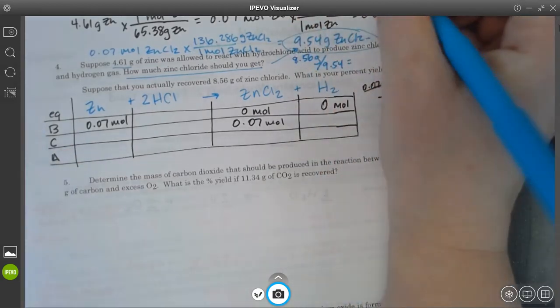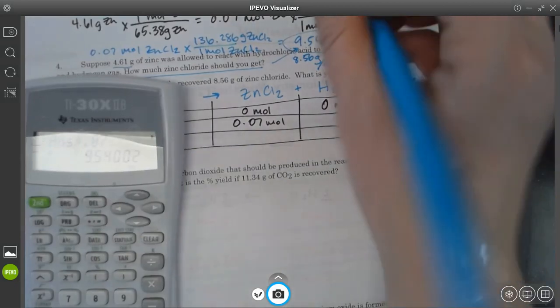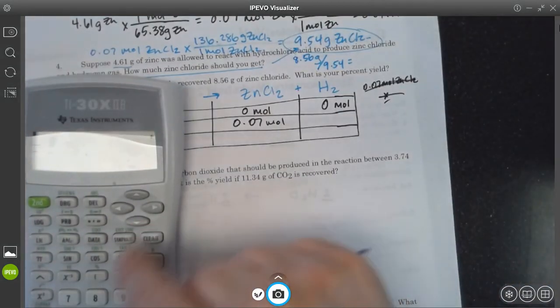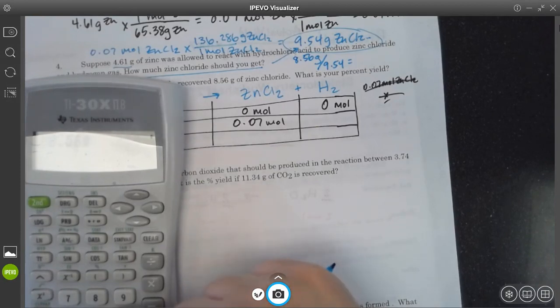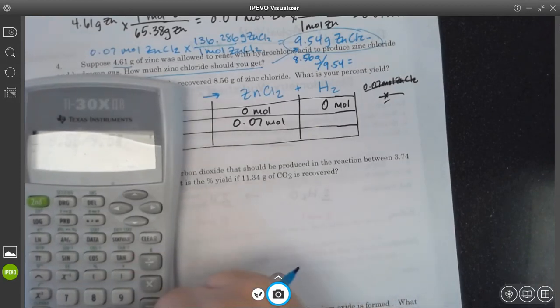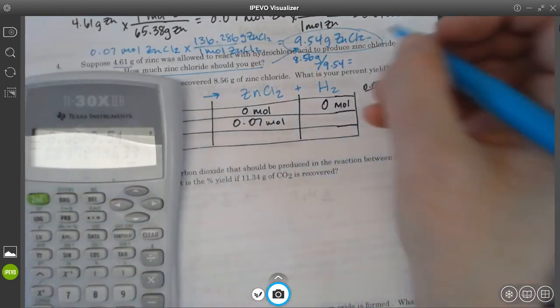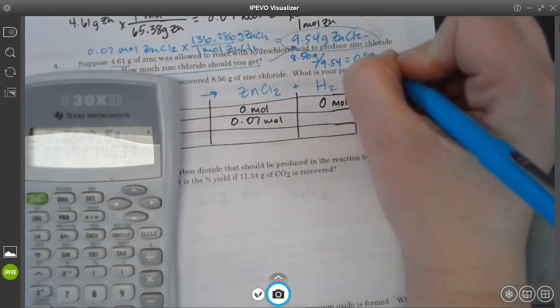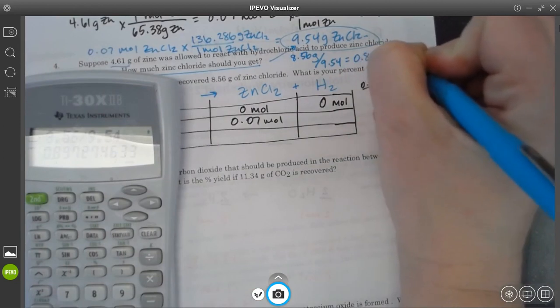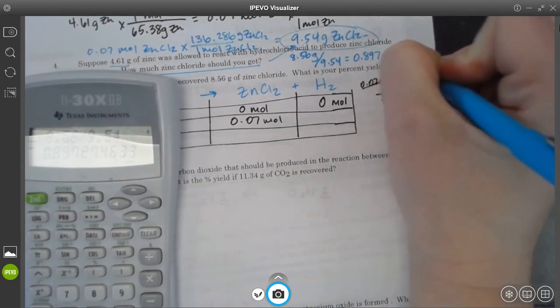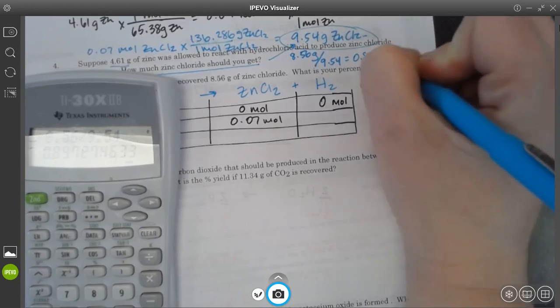So when we divide those by each other, we get 0.89 something. 8.56 divided by 9.54. So then I got 0.897, and I'm going to multiply that times 100%, and I get 89.7%.